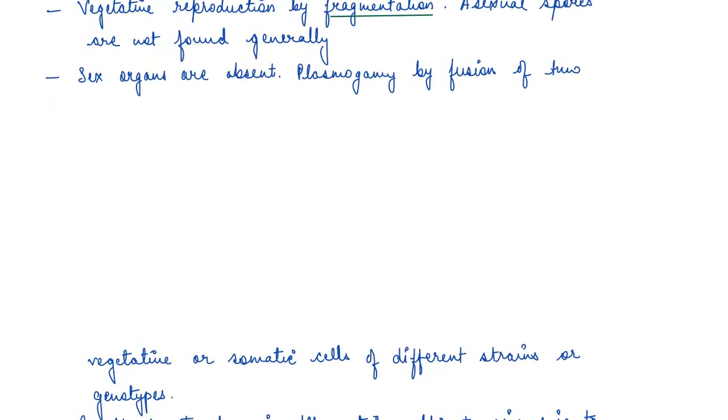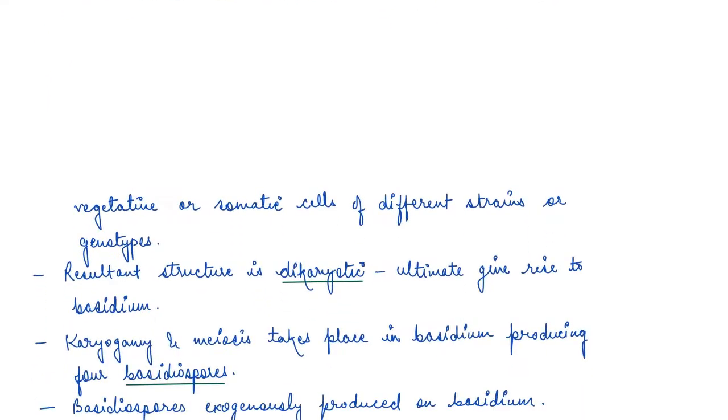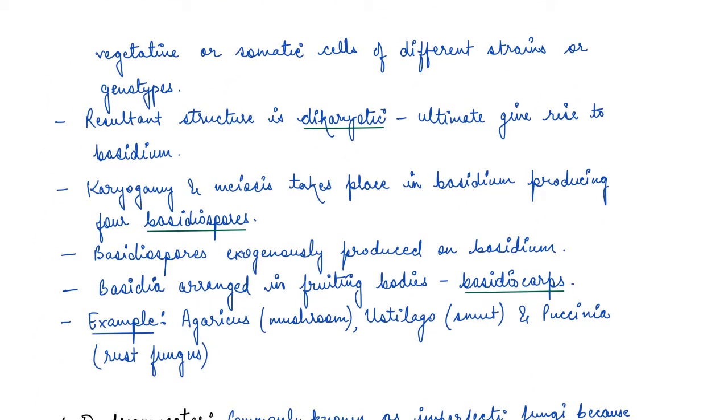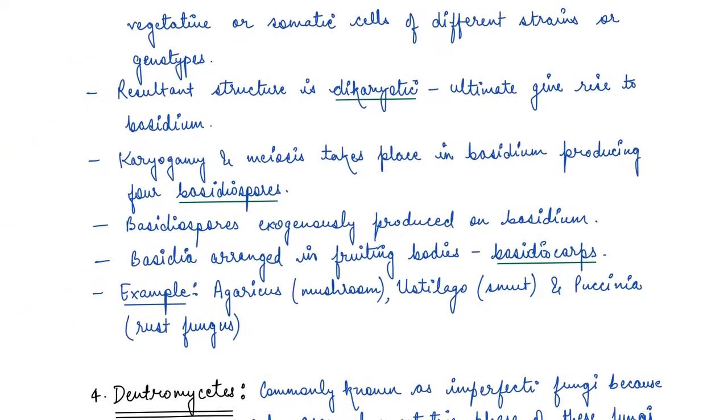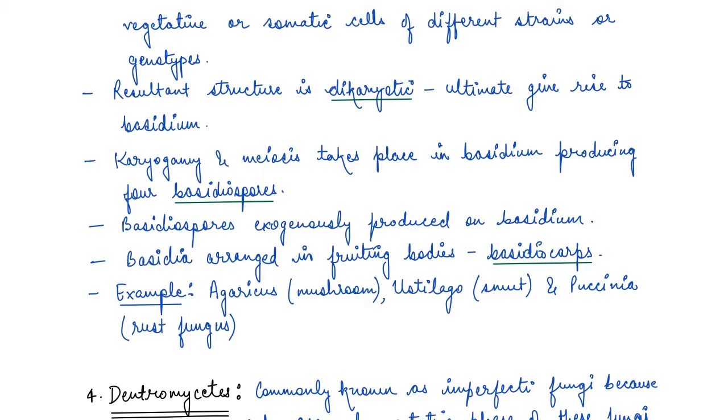Plasmogamy happens by fusion of two vegetative or somatic cells, and the resultant structure is known as dikaryotic, which gives rise to basidium. Now karyogamy and meiosis here take place, producing 4 basidiospores.